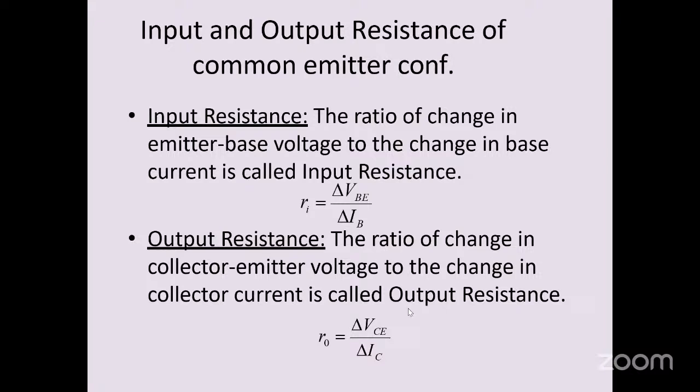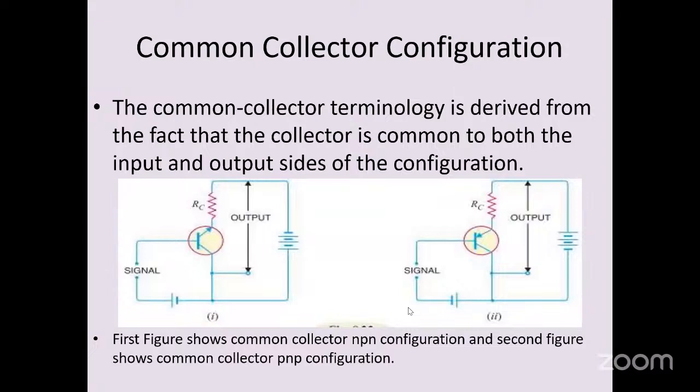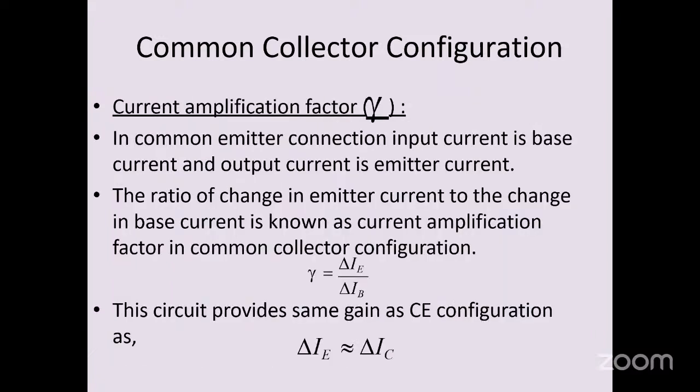So input resistance, output resistance. Next, the last one is the common collector configuration. The collector is common for input and output. This is the gamma amplification factor. What do you mean by gamma? It is the ratio of the change in the emitter current to the base current.